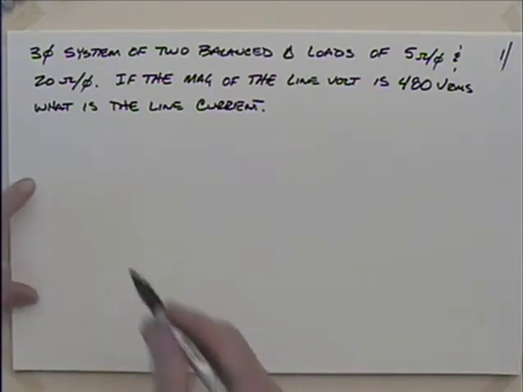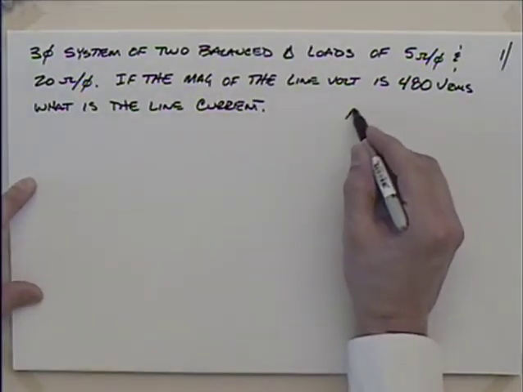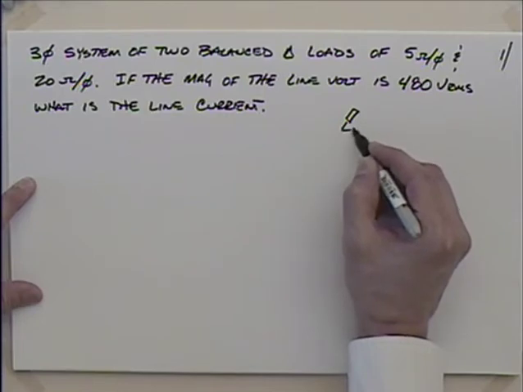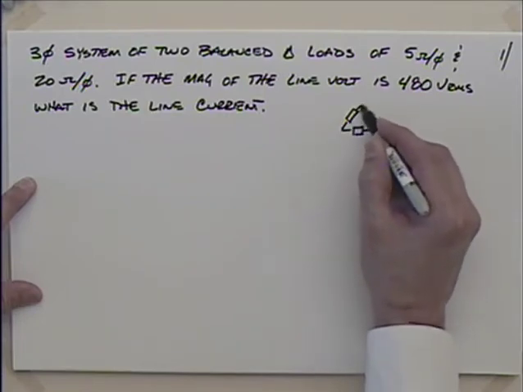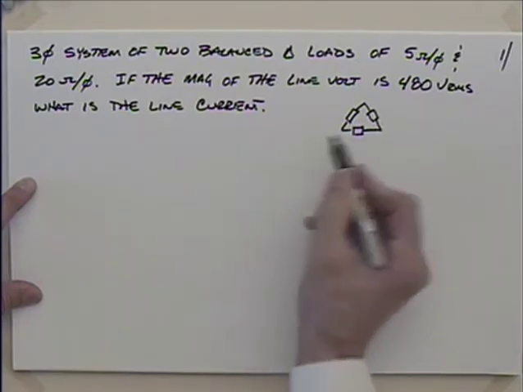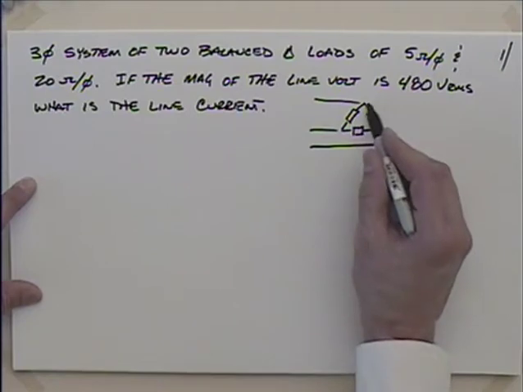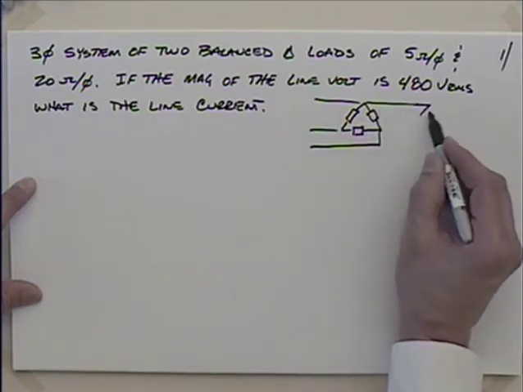So sometimes just a real quick sketch can help you. So you've got a delta here. And those loads are undoubtedly going to be in parallel. So then we would have another delta.